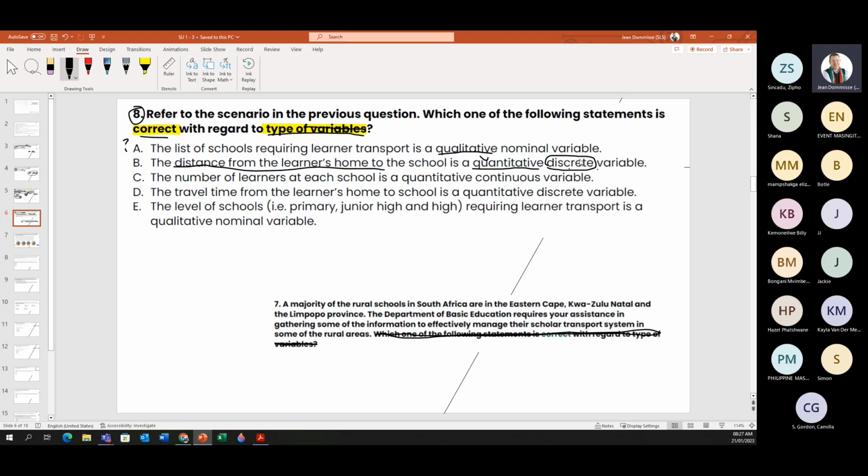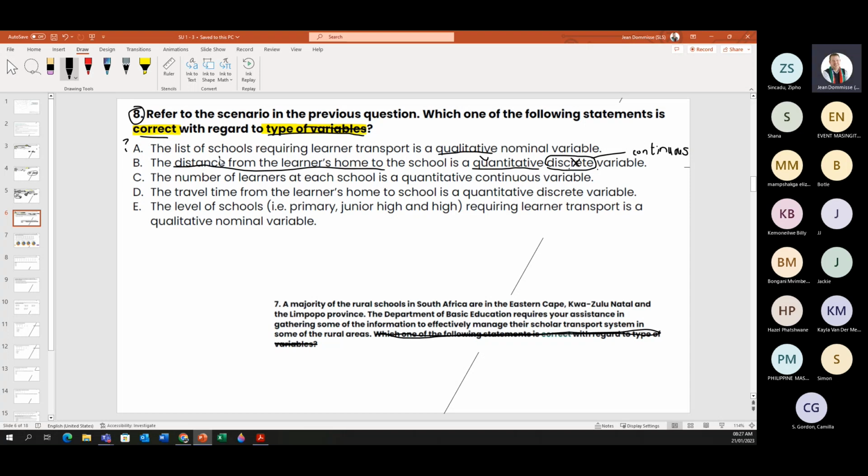So I would say it is not discrete, but it is continuous, because for each learner it will be different, and it will be on a continuous interval or continuous path.